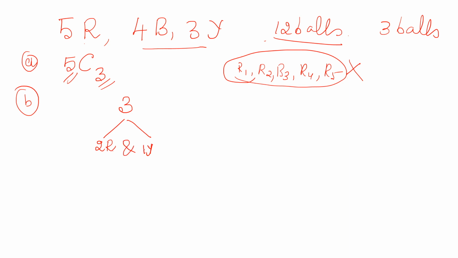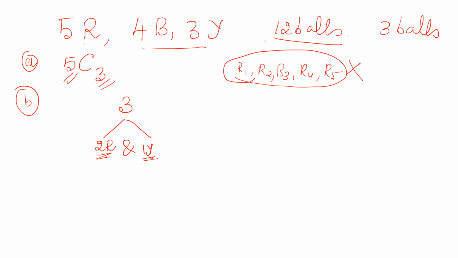Why should I use and? From the 12 balls in the box, I have to pick up 3 balls. When this is done, our goal is not reached. I have taken only 2 balls now. So one more ball I have to pick up, right? Therefore, this should happen and this should happen. Then only our aim will be fulfilled, right? So 3 balls I want.